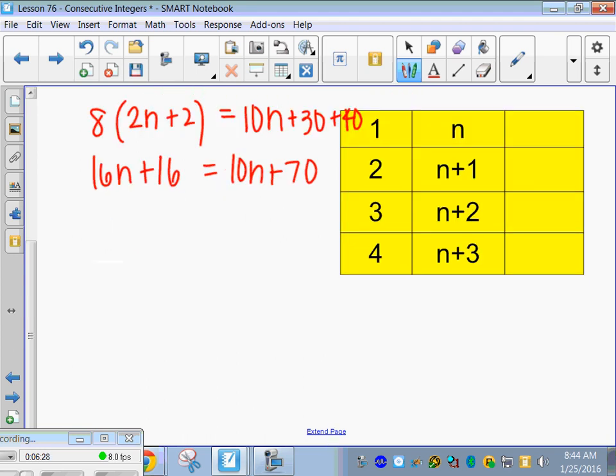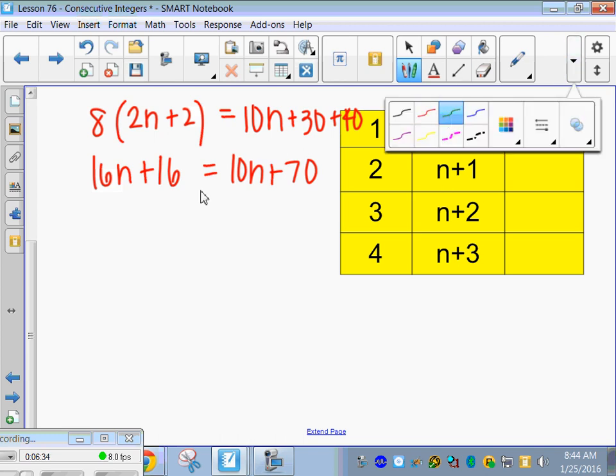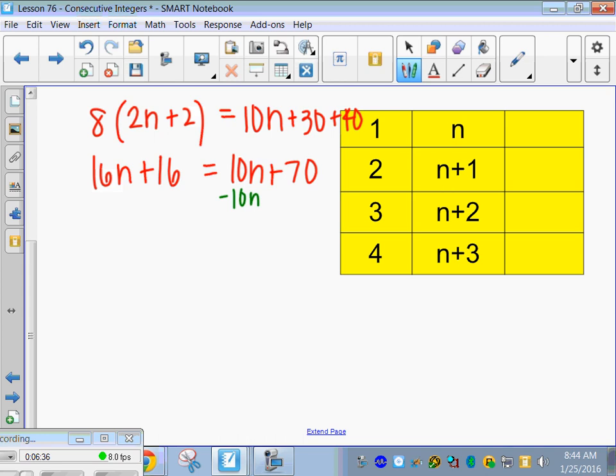Now we need all our n's on one side. So, Evie, what should I do? Nice. Okay, subtract 10n from both sides. So now I have 6n plus 16 equals 70. And Dylan, what should I do next? Okay, subtract 16. So I have 6n equals what? 54.